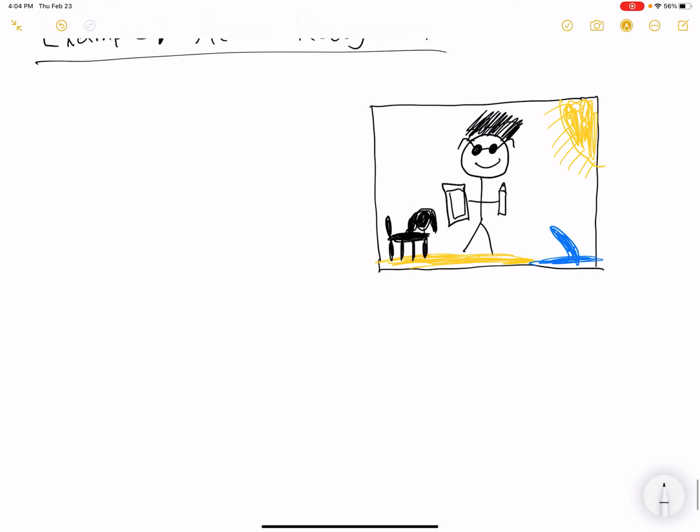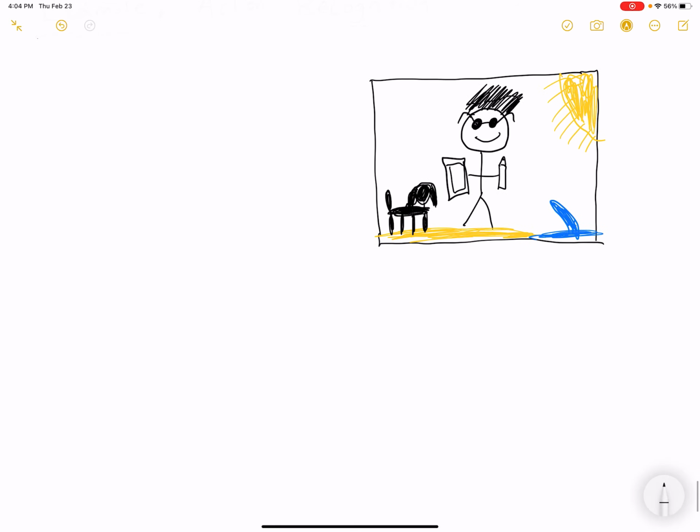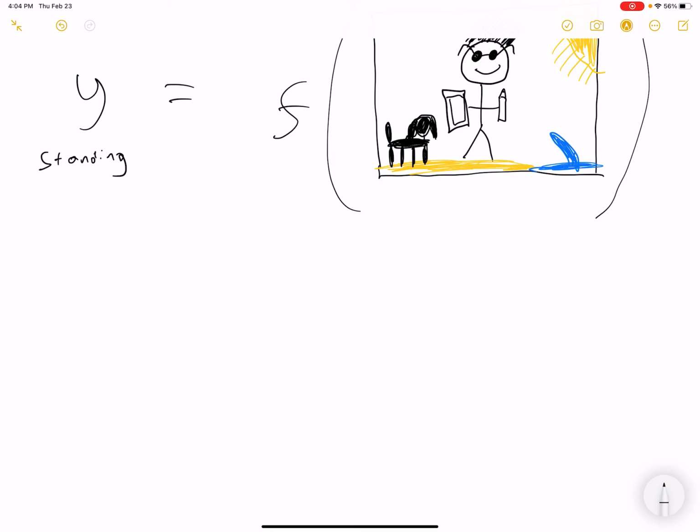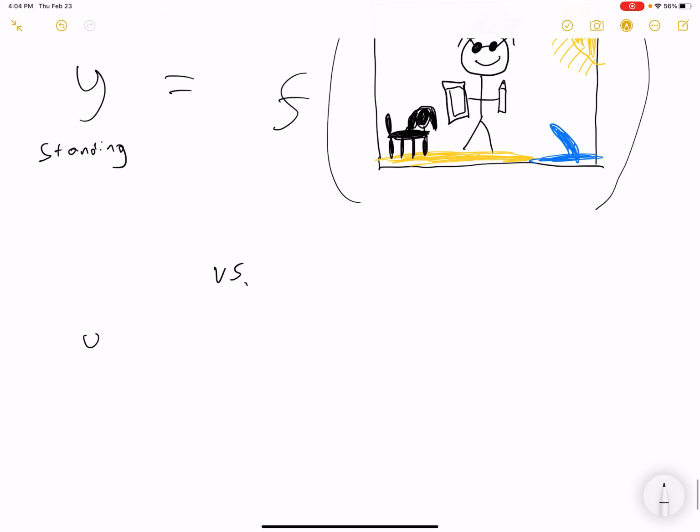So there might be a picture like this where the label is standing. So y equals f of x, where x is a matrix that represents that picture, versus y, and let's maybe draw kicking in this case.